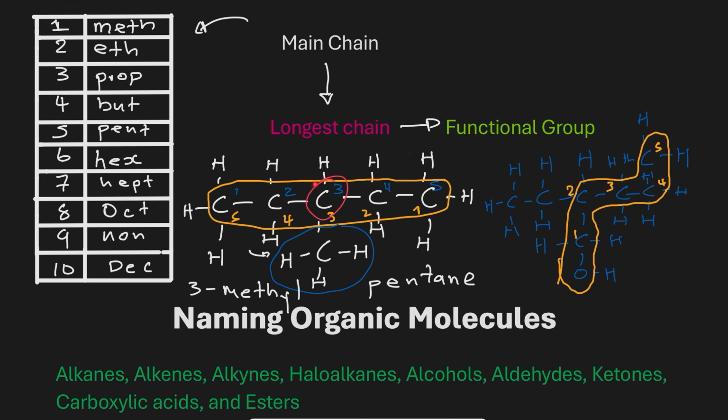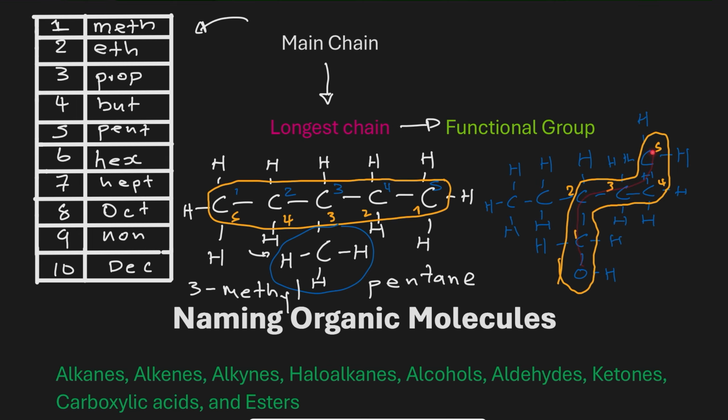Whereby we have what? The closest branch. We take the direction whereby we have the branch closest to the carbon. But in the functional group like alcohols, we give the functional group a preference, whereby the functional group, if it is in the first carbon here, we're going to choose the direction and then we're going to move in this way.